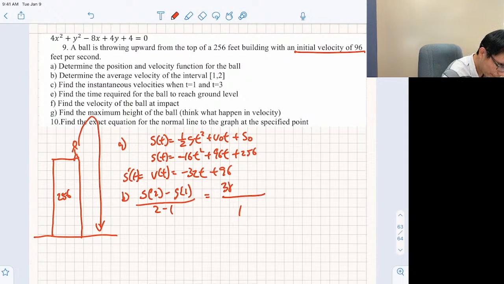Minus S of 1. Where did you get it? Wait, I think it's 284. Oh, no, it's times 2. Oh, 296. What is S of 1? 336. Are you sure about it? So what would be the difference between that? 48.